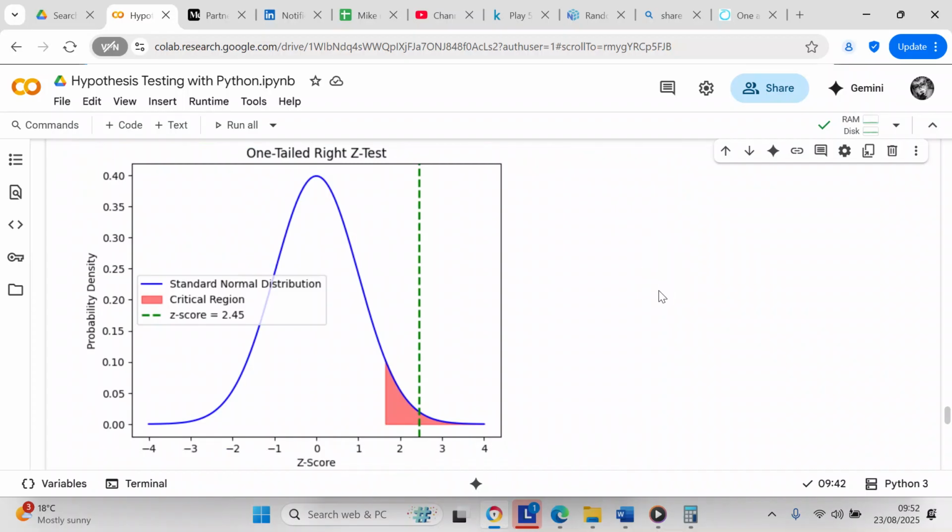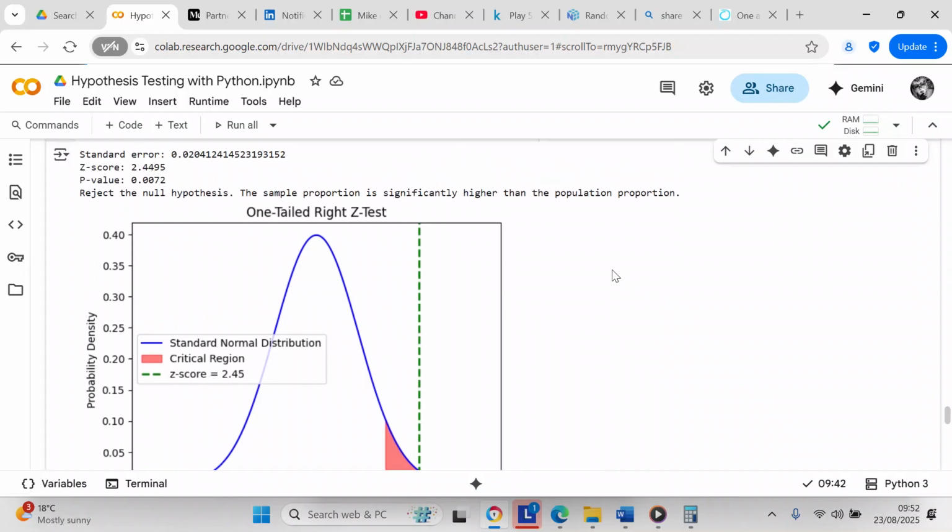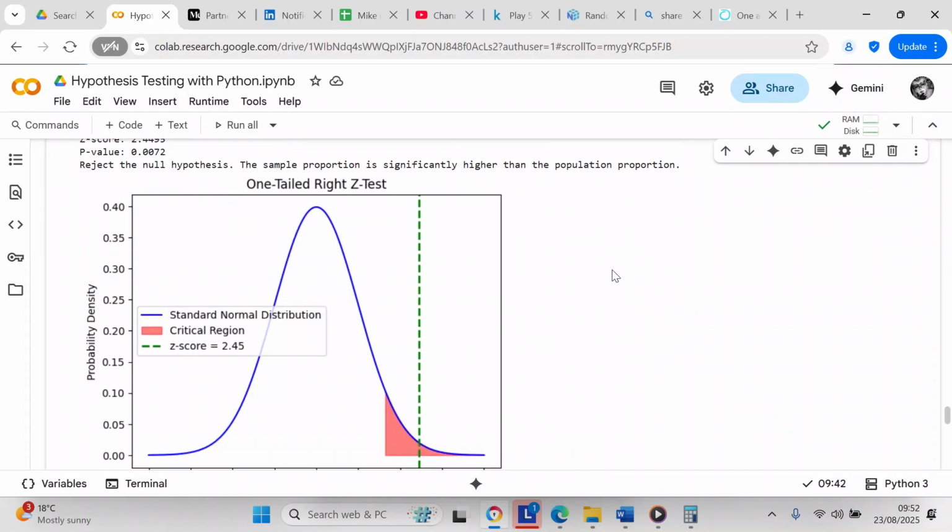But we already knew that at the beginning, because the question said that 330 people wore masks, and 330 is higher than 50%. So we already knew that it was going to be significantly higher than the population proportion.